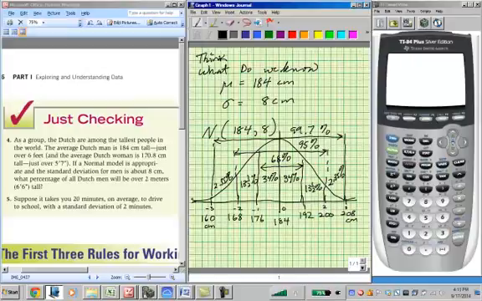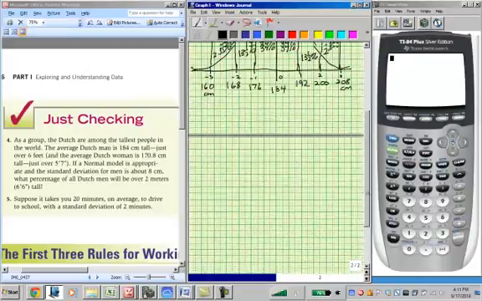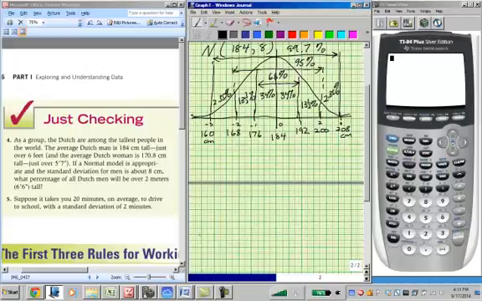It's always going to be approximate. Now the question is, if a normal model is appropriate, what percentage of all Dutch men will be over 2 meters tall? That's 200 centimeters, or 6 feet 6 inches. Okay. Well, now instead of messing with this, I'm going to draw another picture.